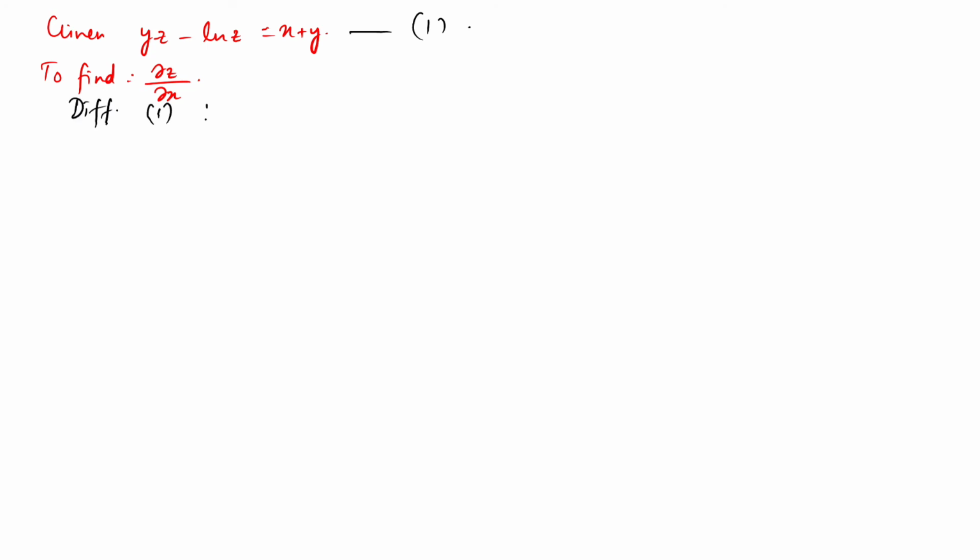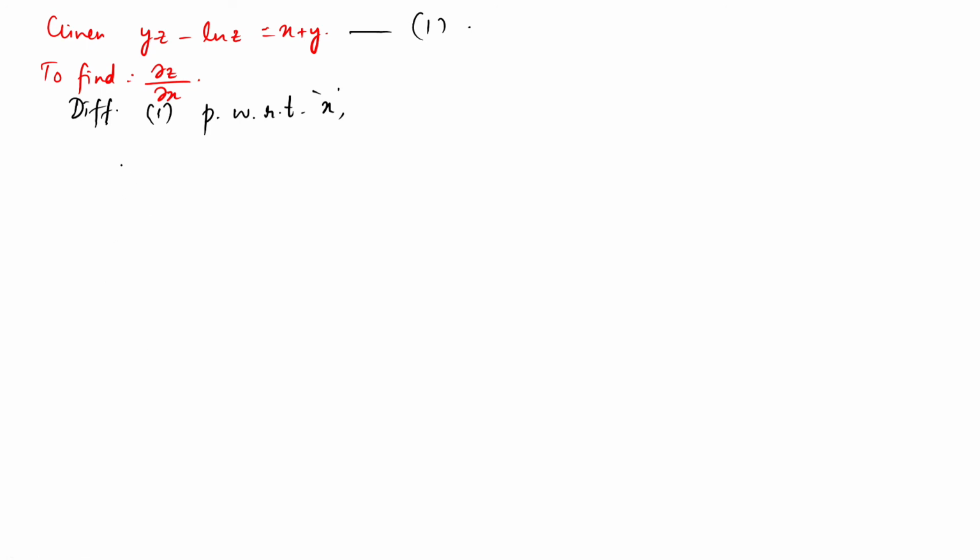Differentiate equation 1 partially with respect to x. You would get, y is to be treated as a constant here because we are differentiating with respect to x, and z is the variable which involves both x and y.